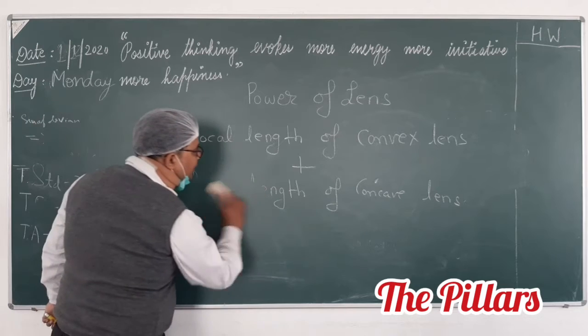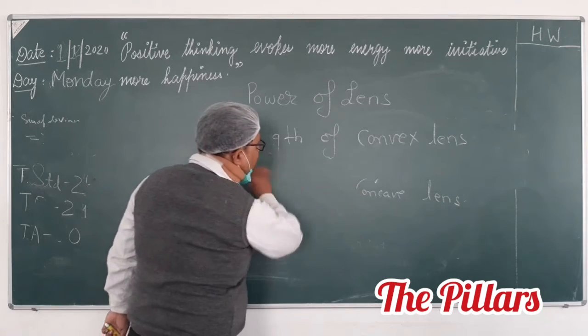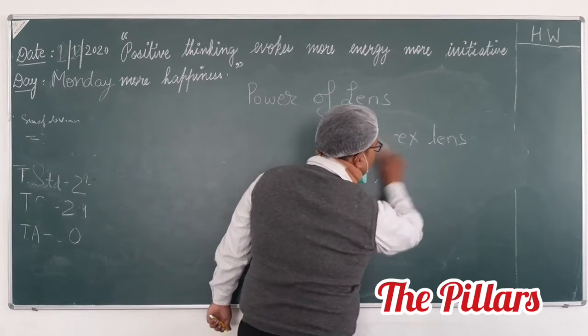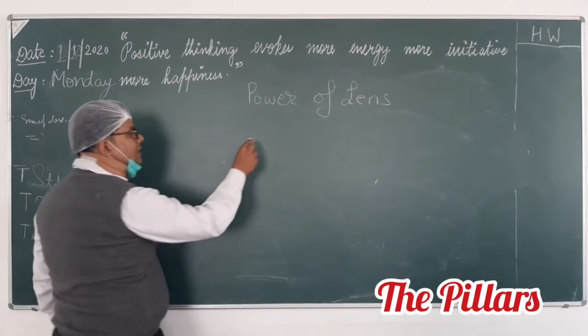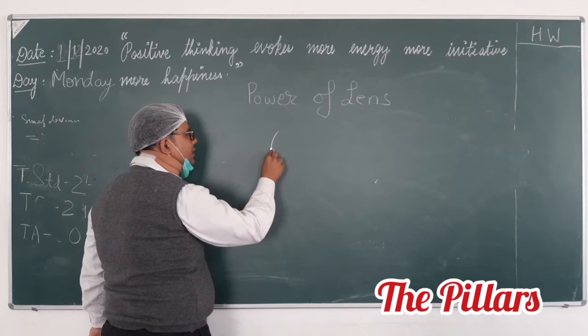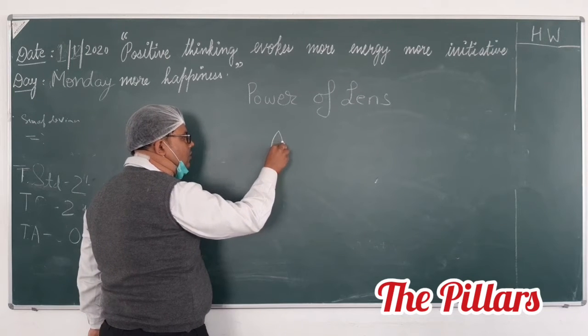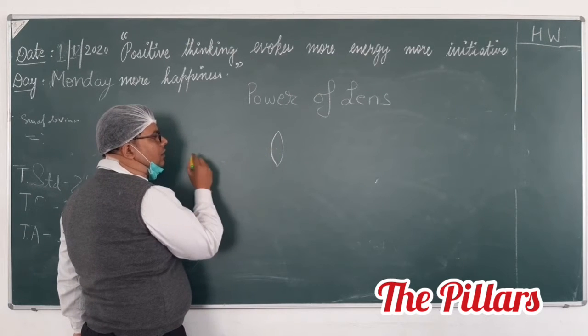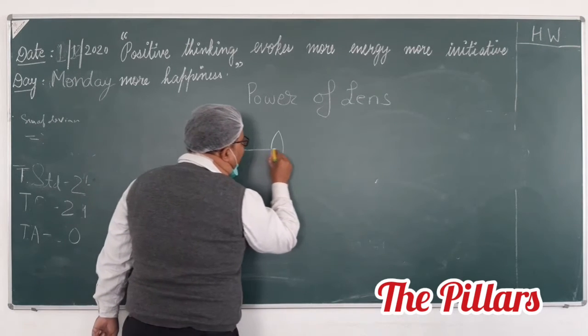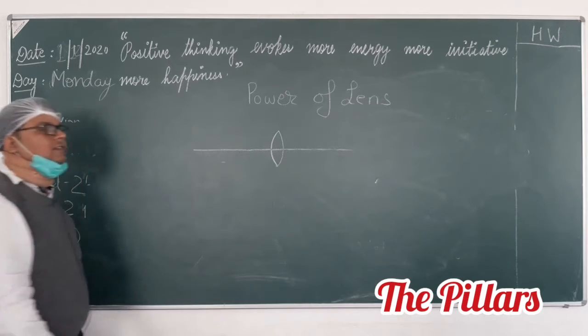Now let's understand a few things. Suppose we have a convex lens here. This point is called the optical center, and this is the principal axis.